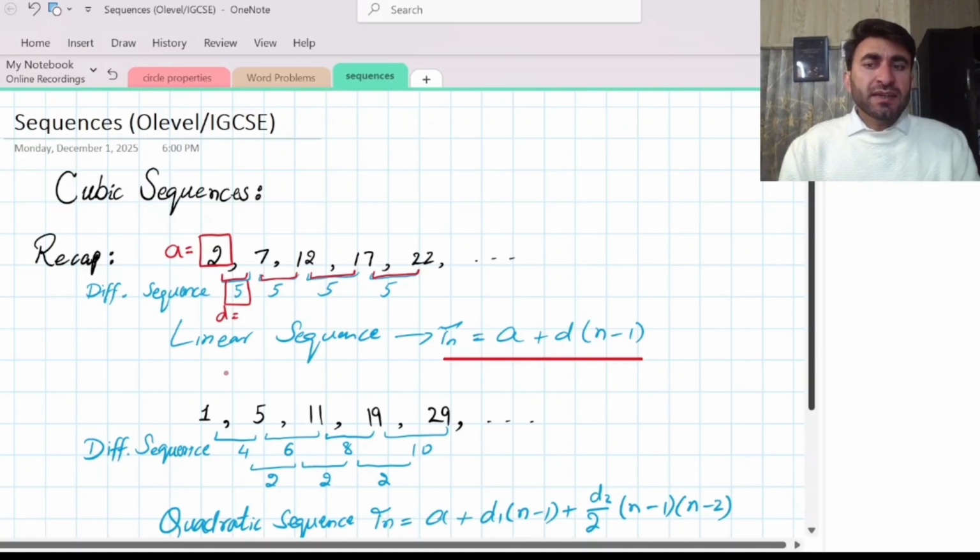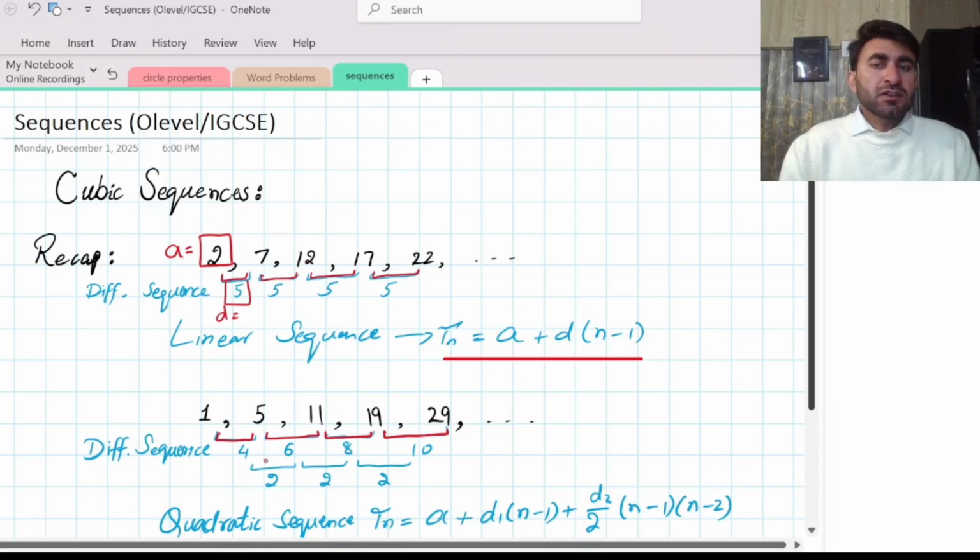Now coming to the second sequence, where the terms are 1, 5, 11, 19, 29. In order to categorize it, first we will find the difference sequence. The first difference is 5 minus 1, which is 4, then 11 minus 5, which is 6, then 19 minus 11, which is 8, and the next difference is 10.